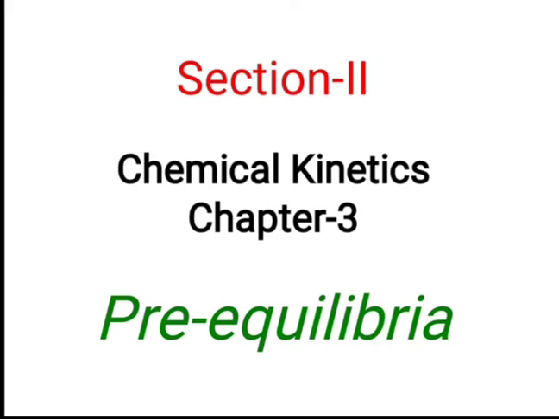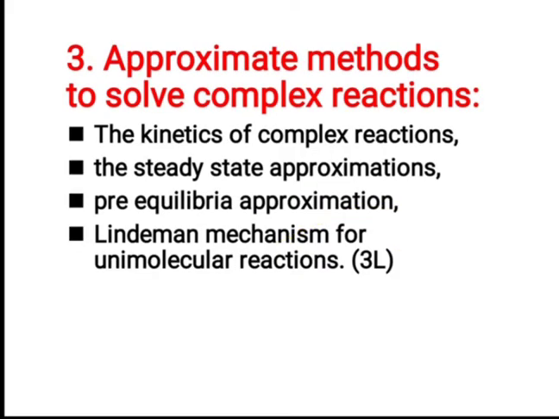CHP 4101 is our paper and we have already seen two chapters from chemical kinetics. Today we will see chapter number 3, approximate methods to solve complex reactions.